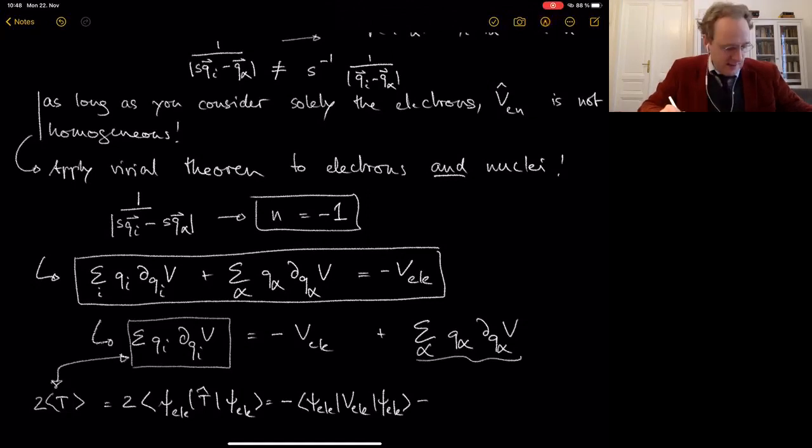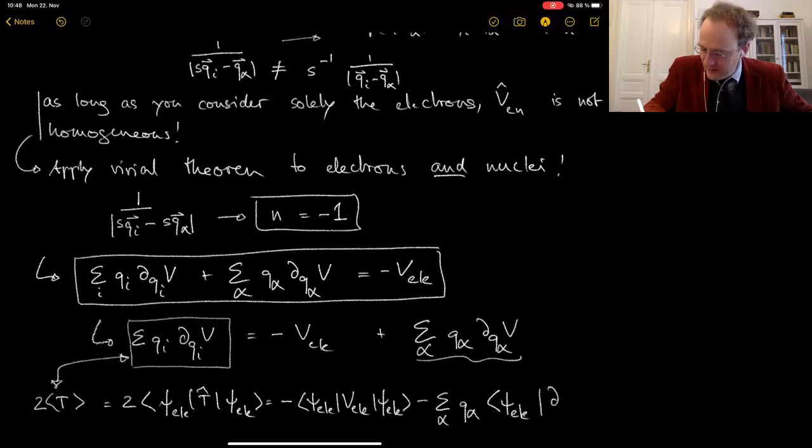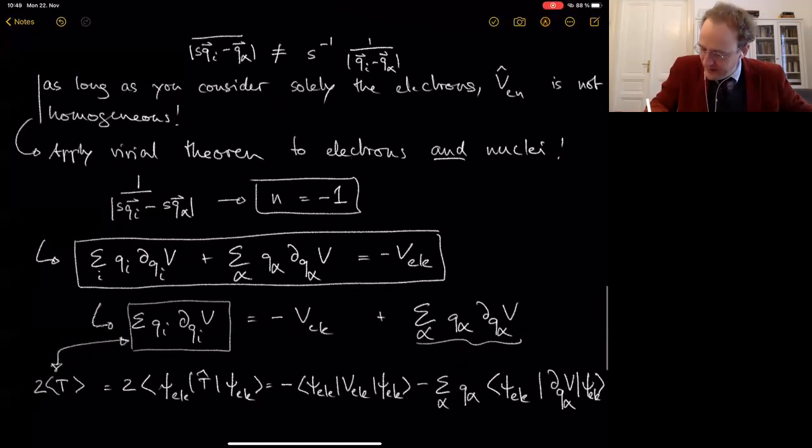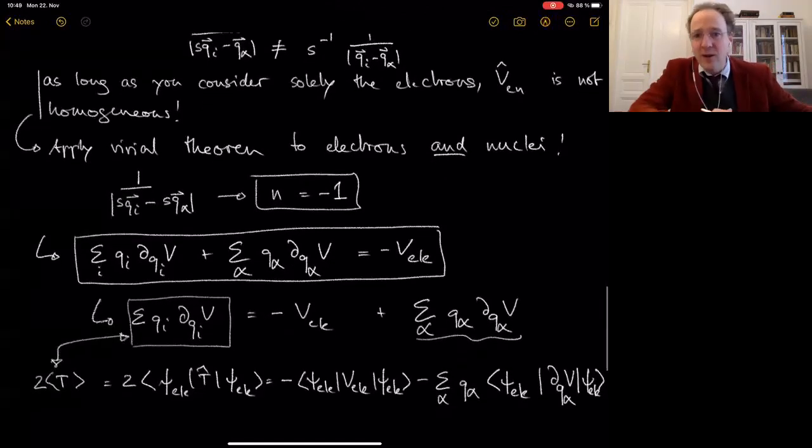Now, what you see is that you sum over the nuclei, and the nuclei are just parametric. So you can pull your nuclei out, and also their positions are parametric. And so you're left with psi Euler, dQ alpha V, psi Euler, right? Now, this here is the derivative of your Hamiltonian with respect to an external coordinate.